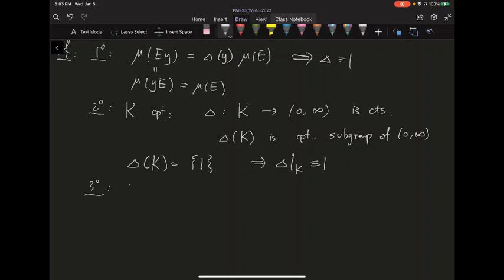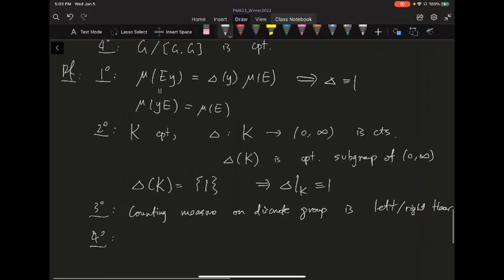Let's just say counting measure on a discrete group is left and right Haar measure. So it follows quite immediately.